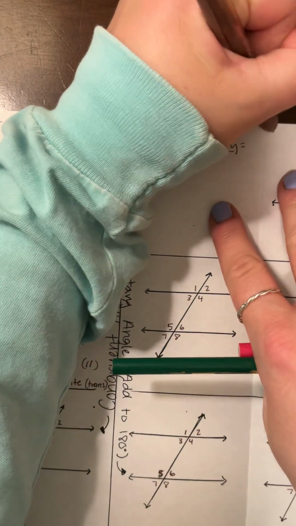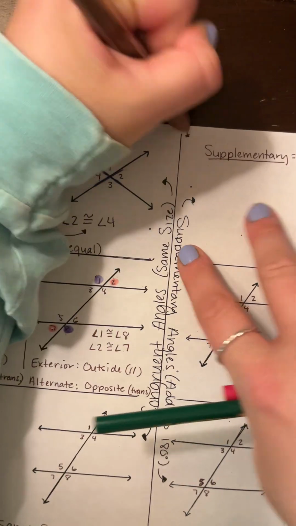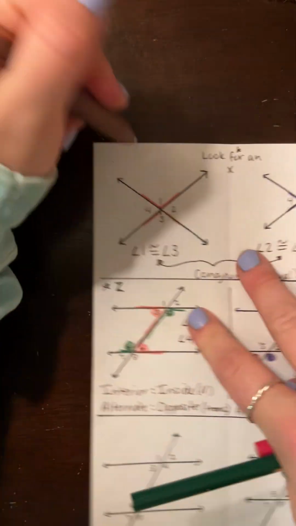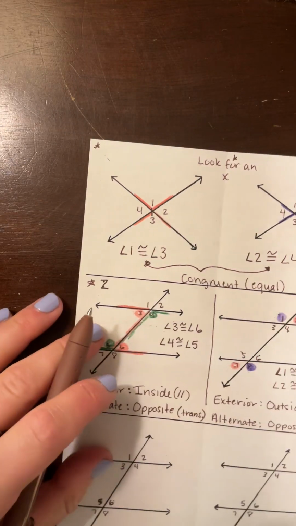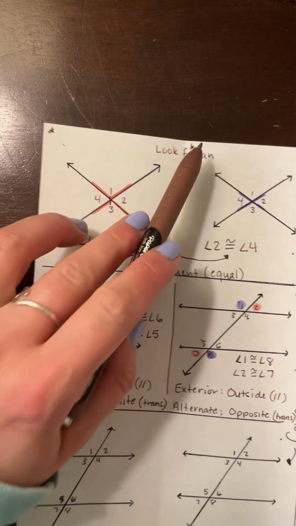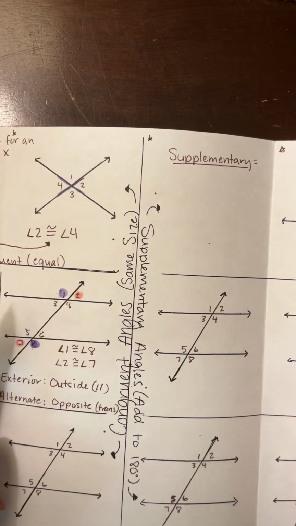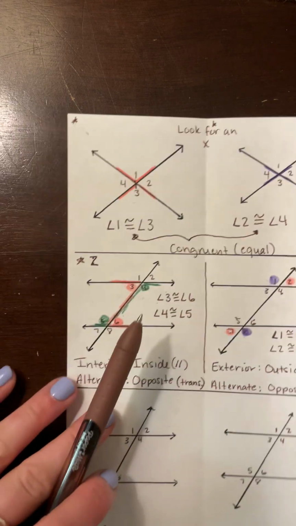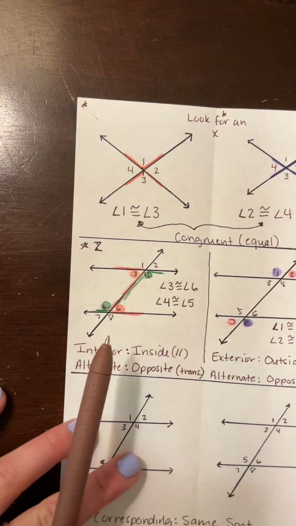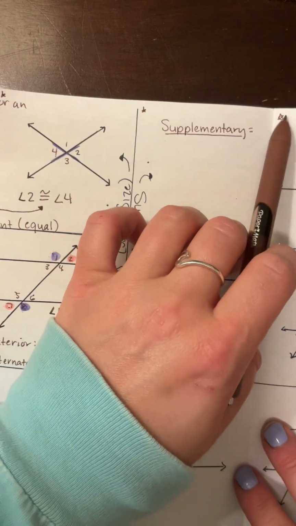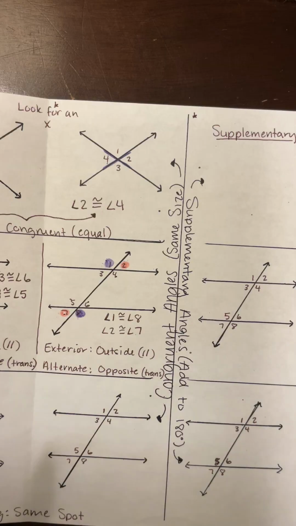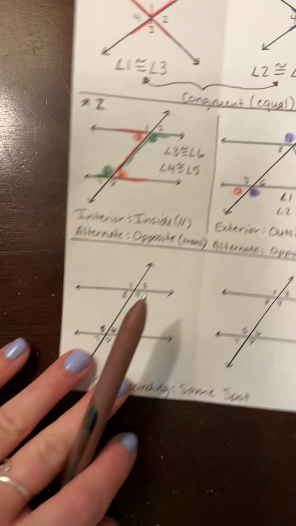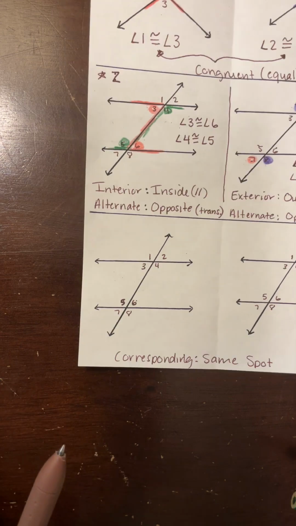If I put stars, and you don't have to put these stars, I'm just using this as an example, in the top left corner of each column of my paper, they're all corresponding. They're all in the same spot, just in different columns. This star is in the first column, this star is in the second, this star is in the third, this star is in the fourth. They're all in the same spot of each column. So corresponding just means the same spot.